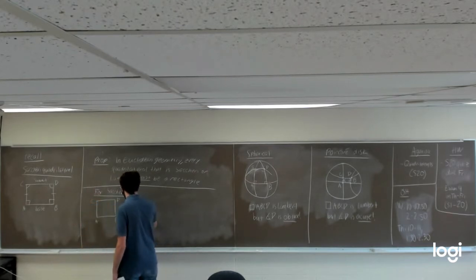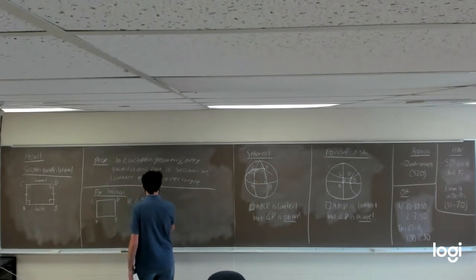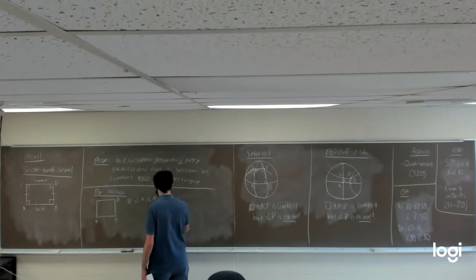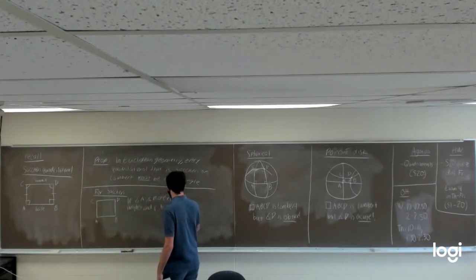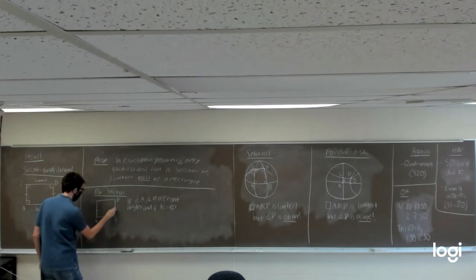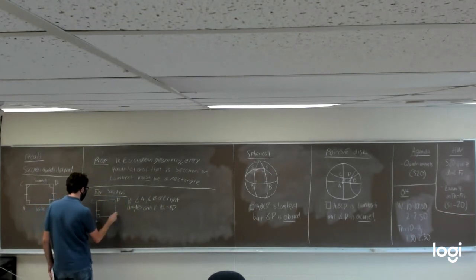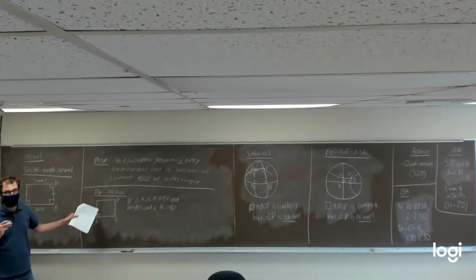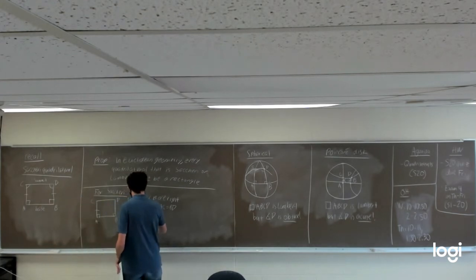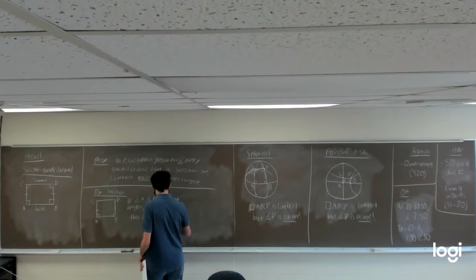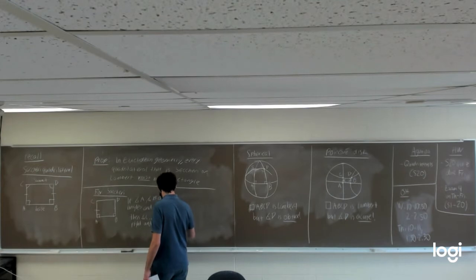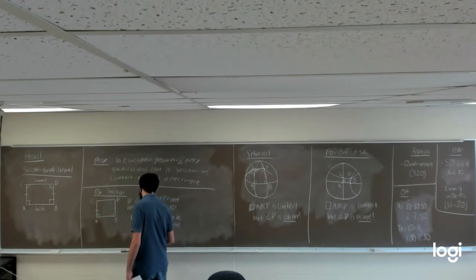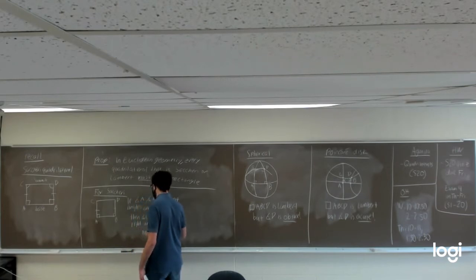What this means is that if the angle at A and the angle at B are right angles, and if AC is equal to BD in length, these two sides have the same length, then the other two angles will have to be right angles, and the angle at C and the angle at D will also be right, and we'll also have AB is equal to CD in length. The summit and the base will have the same length.